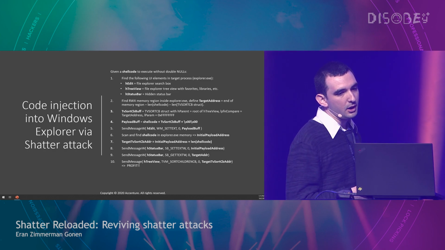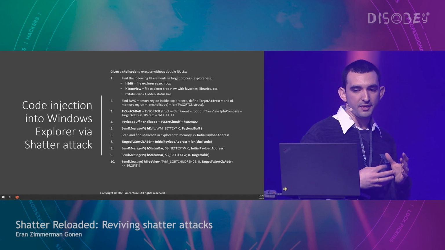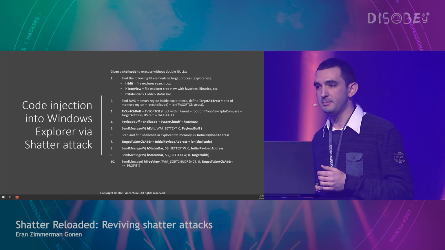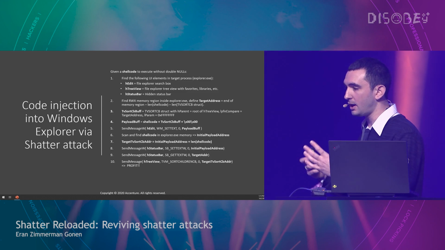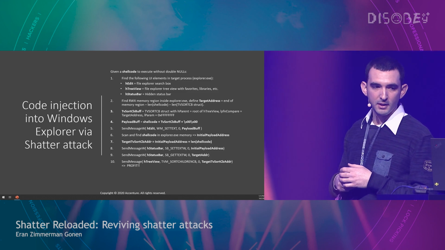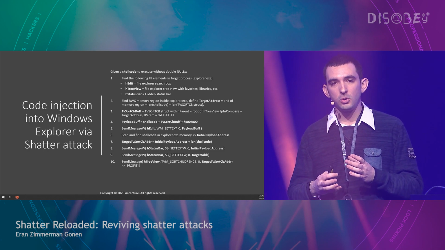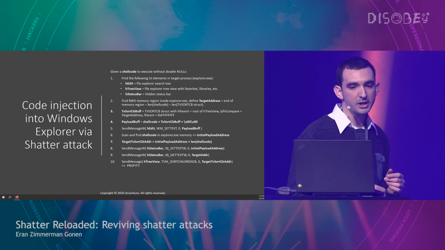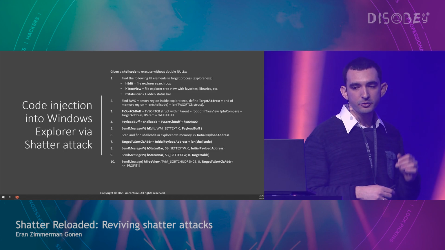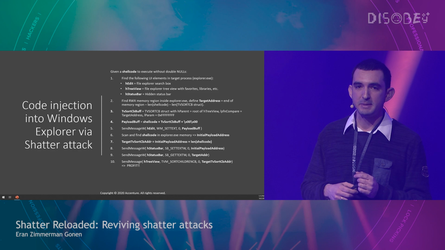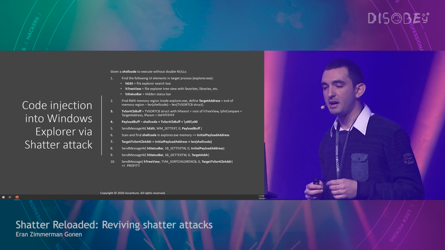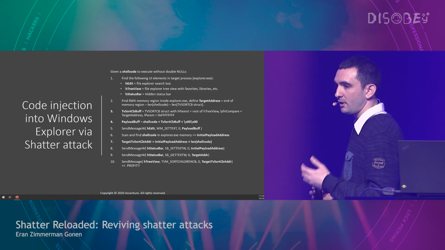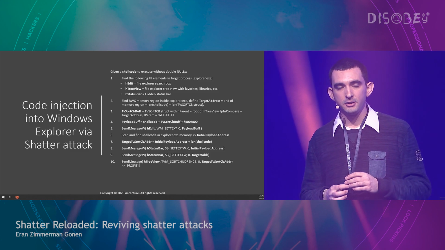Then number 3, we create a buffer that will serve for the TVM_SORTCHILDRENCB message, because it needs to receive some struct with the data. And number 4, we create a buffer that holds our shellcode and that buffer from number 3 together so we can inject it. Number 5, we send the edit box a WM_SETTEXT message with this buffer to inject it into the target process. Then we scan the memory of explorer.exe, and we find our shellcode inside it.